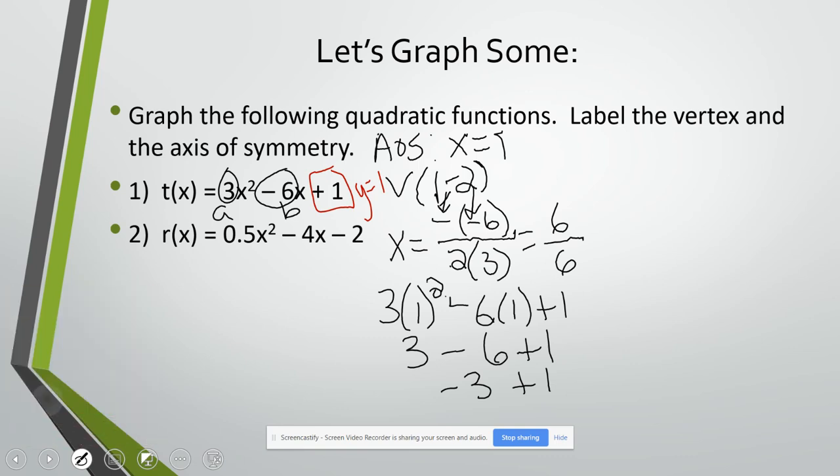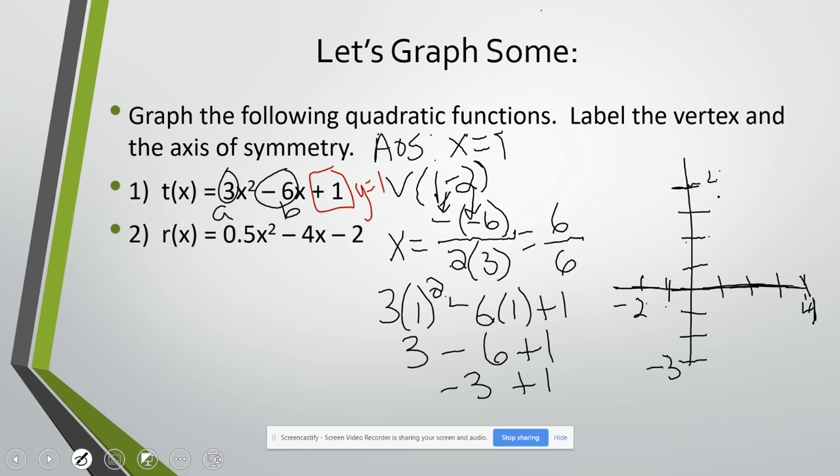So to graph this, you can always go back and make a t-table, but I'm going to use what we know here. So I'm going to make a graph. We have 4 and 4 here.